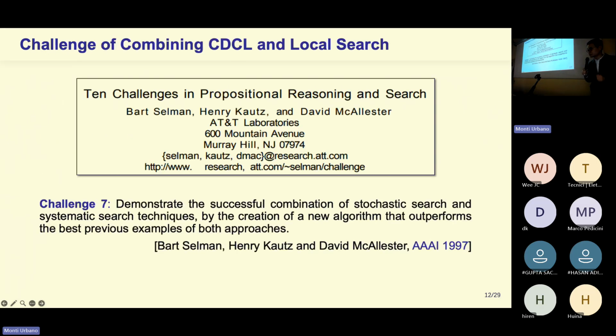Now I will introduce the first part of our work, hybrid algorithm. This dates back to the challenge of hybrid solvers for SAT. It was proposed in the IJCAI conference in 1997. It's the 7th challenge in the SAT solving direction.